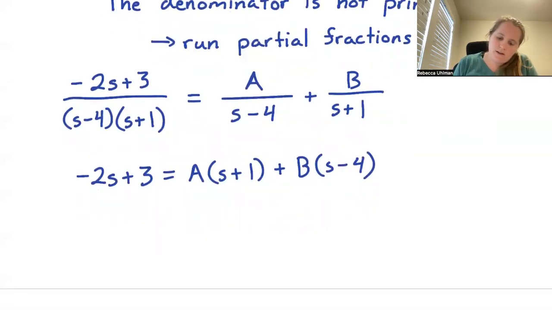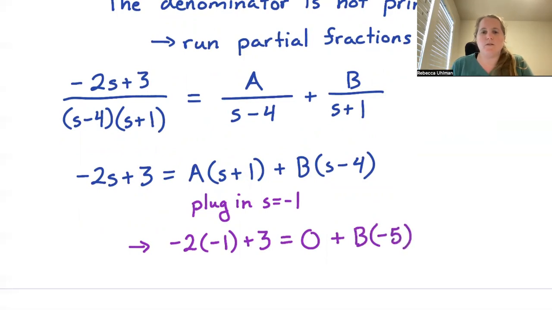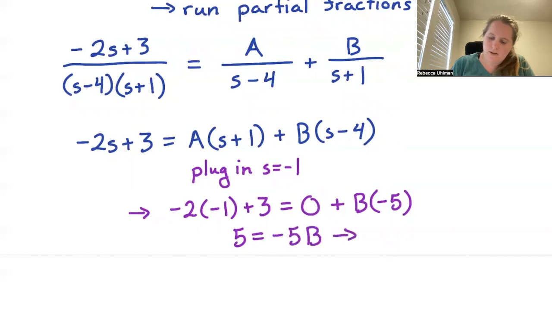So if we plug in s equals negative 1, then negative 2 times negative 1 plus 3 is equal to 0 plus B times negative 5. Negative 1 minus 4 is negative 5. So we have 2 plus 3 is 5, equal to negative 5B, and we get that B must be equal to negative 1.